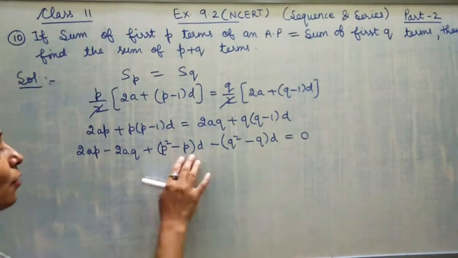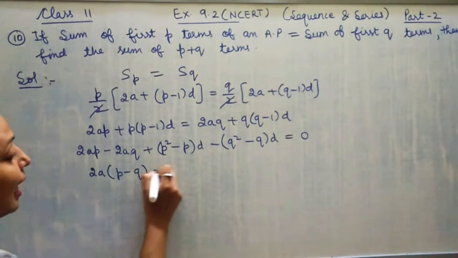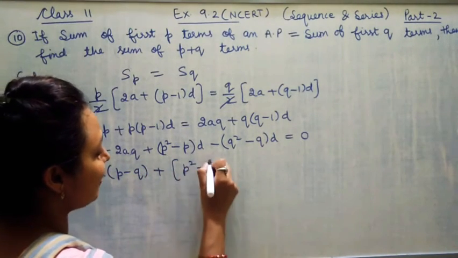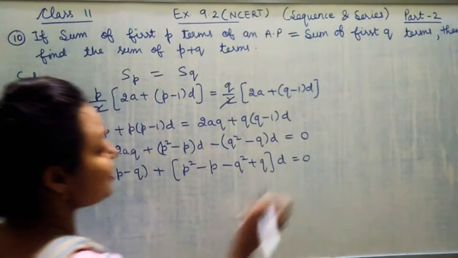Now I will take d common between these two and 2a from the other: 2a(p minus q), and with d, we have p square minus p minus q square plus q, and that is equal to 0.